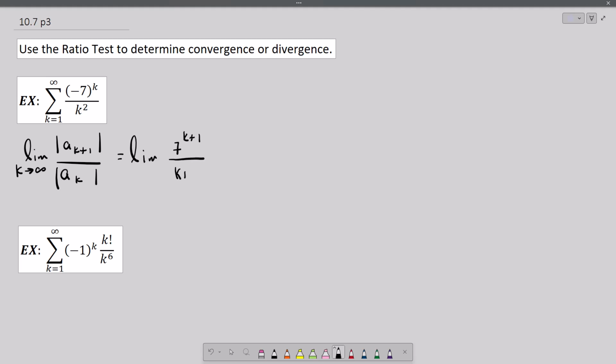So here is a sub k plus 1, absolute value. A sub k, it's everything in here except the switch, and we flip it, dividing by a sub k, so we multiply by the reciprocal. K squared goes up top, 7 to the k goes down below. So we have that.